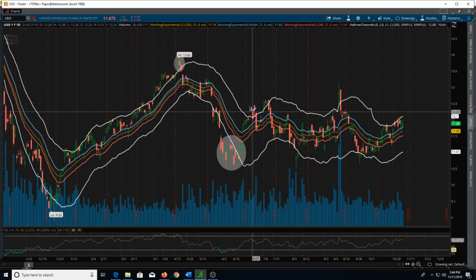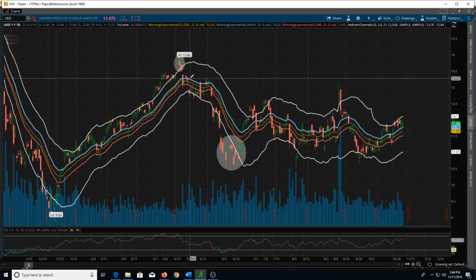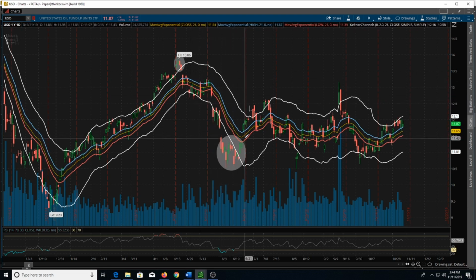This certainly would have been an exit point for me if I hadn't gotten out, with a stop right here. I would not probably have held past this candle just because of the previous move down that we had here. I probably would have been very reluctant to try to hold this on the long side. If I got out here, I probably would have lost a little money.